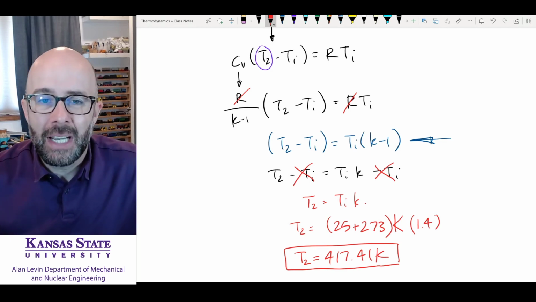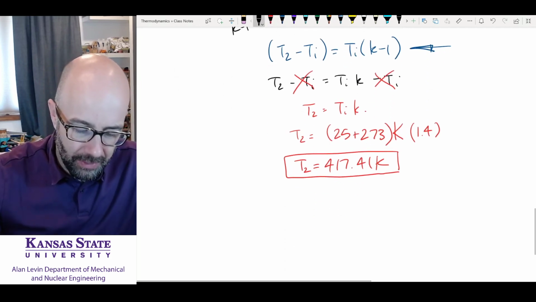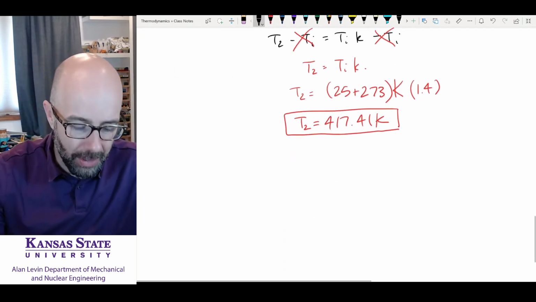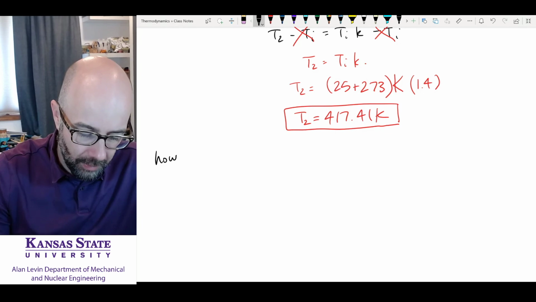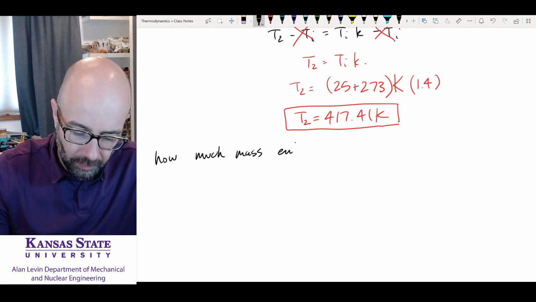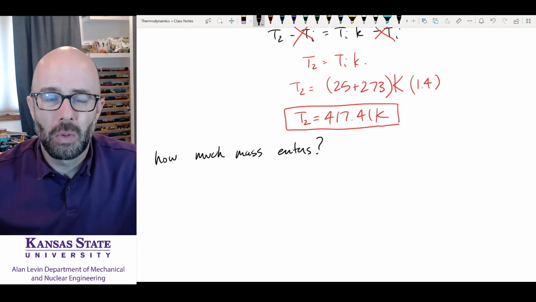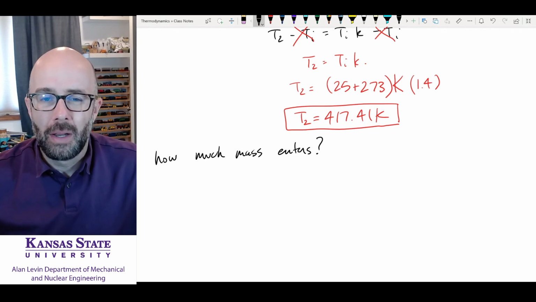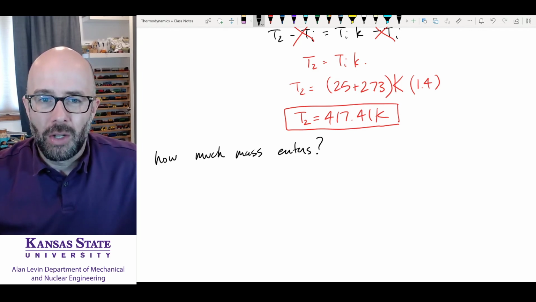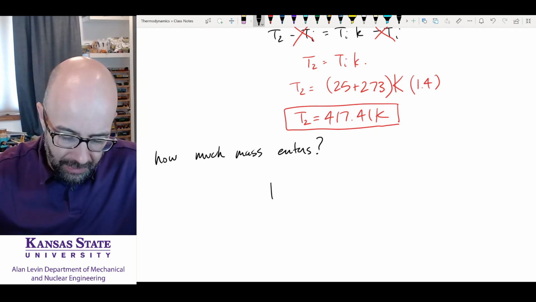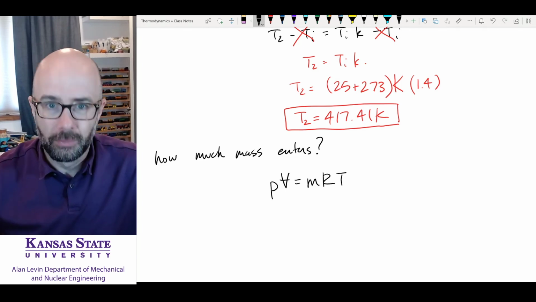Okay, here's the next problem, and here's what I'm going to ask you to do for the lecture quiz problem. I want to know how much mass enters that tank to get equilibrium? Okay, now, when you think about mass and you think about ideal gas, you should think PV is equal to mRT.